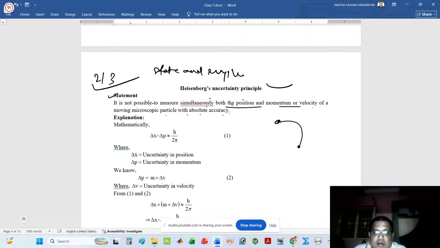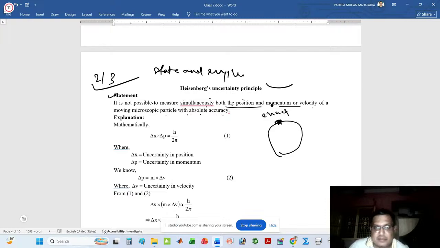It is impossible to measure simultaneously both the position and momentum or velocity of a moving microscopic particle. Suppose someone tries to find the exact position of this microscopic particle.